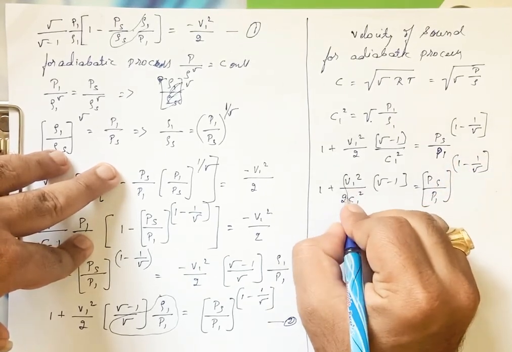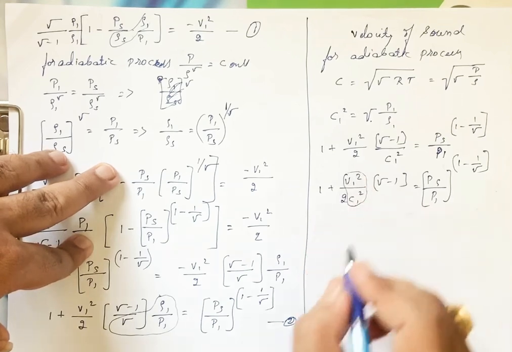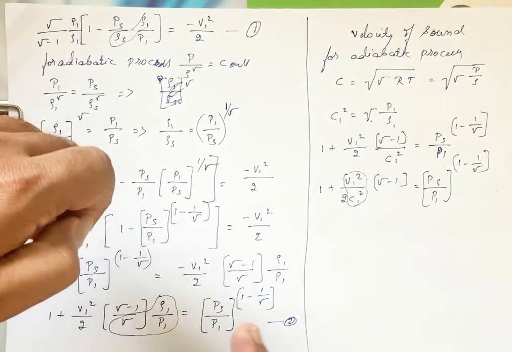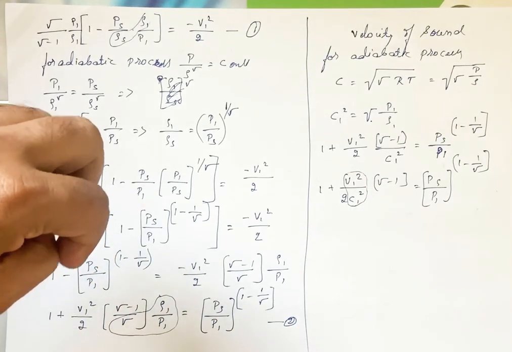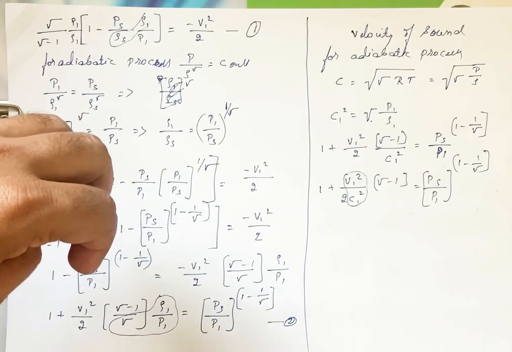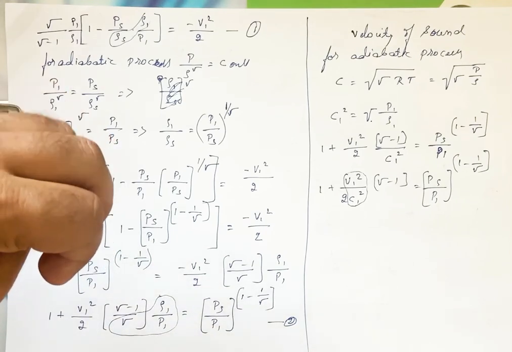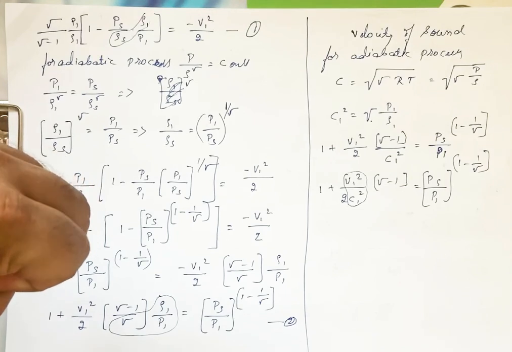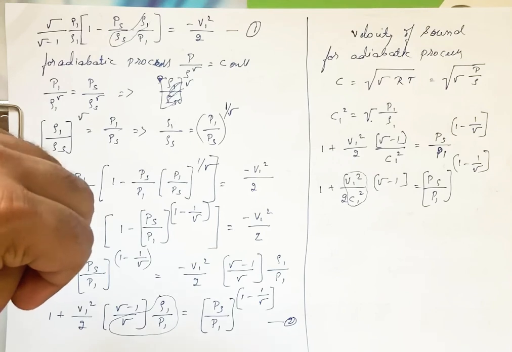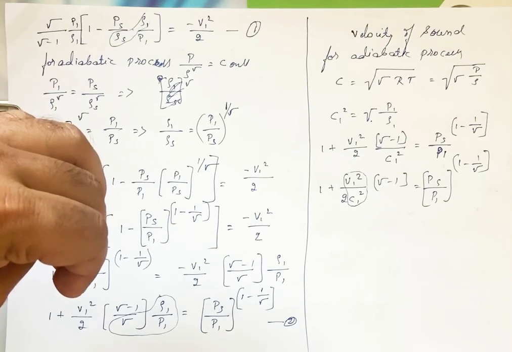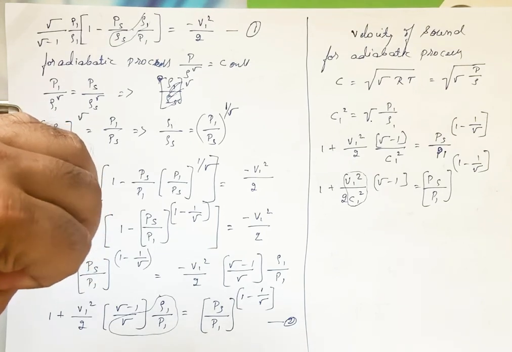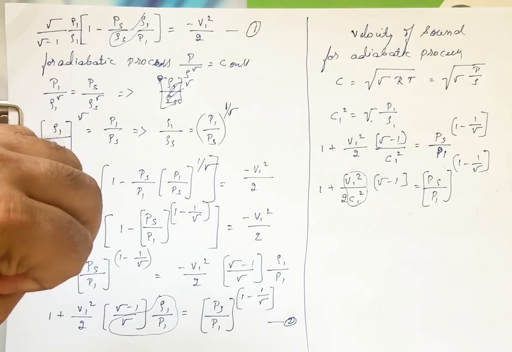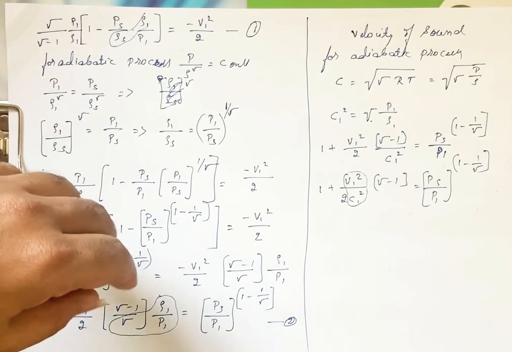Here you can see V1 by C1, that is the velocity of the projectile divided by the velocity of sound, which is nothing but the Mach number. In place of the velocity of the projectile V and the velocity of sound C, I can substitute the Mach number m.